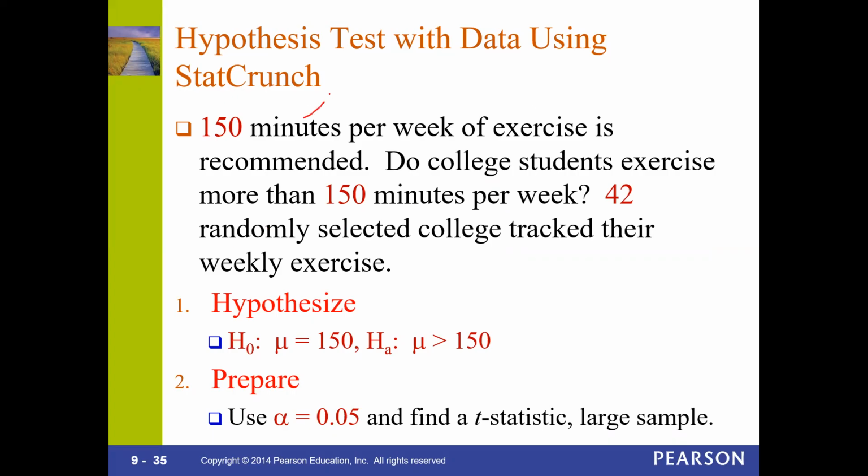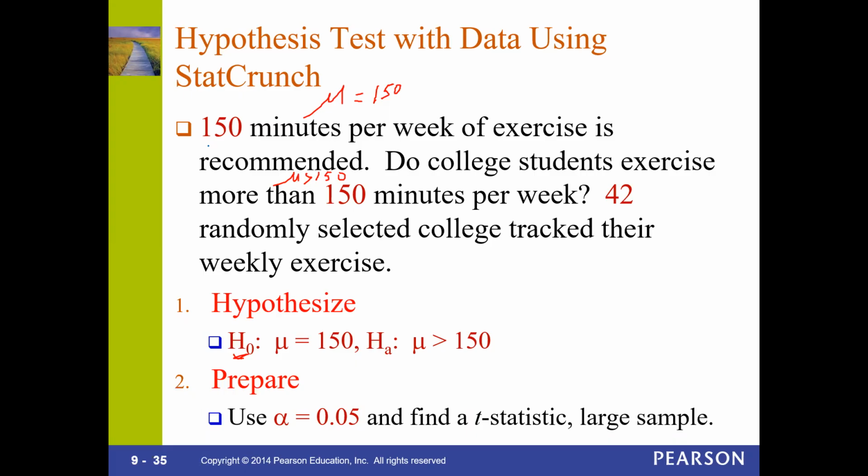This one says mu is equal to 150. This one says, is it more than? That's mu greater than 150. So I already have my H0 and my HA, based on what I did earlier.